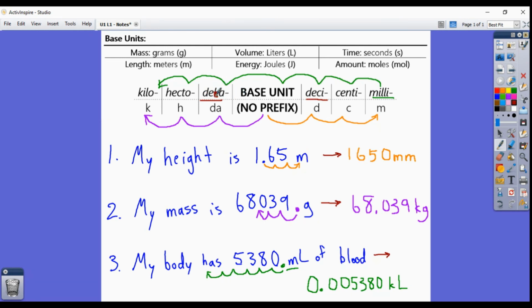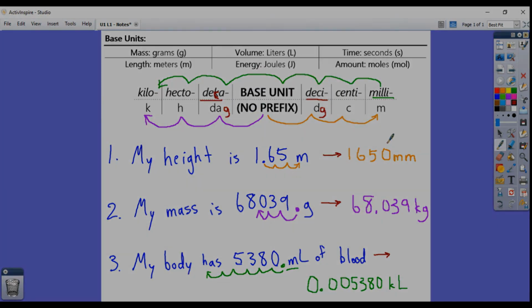I think I actually have that changed in other versions, and I forgot to change it on this. So if you see that, it means the same thing. If you see DAG, that's decagrams. DG would just be decigrams. Those are 2 different units. They mean 2 different things and 2 different values. So be careful of that.